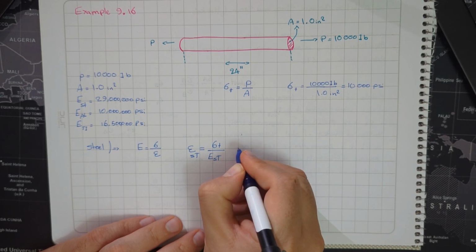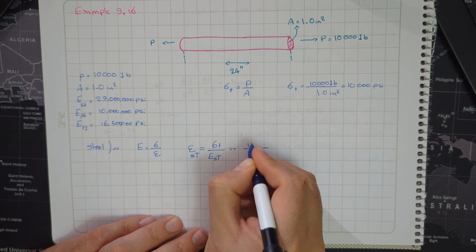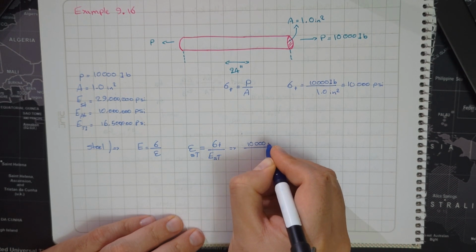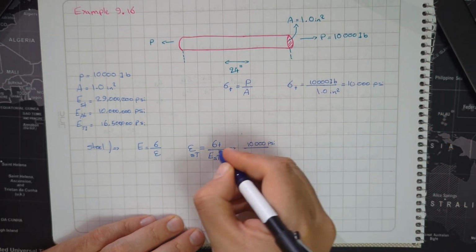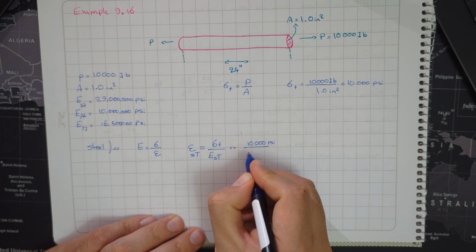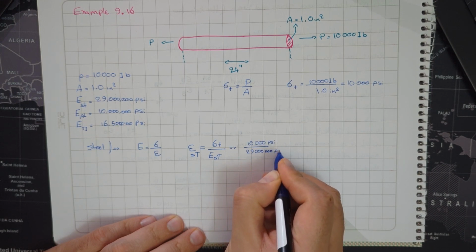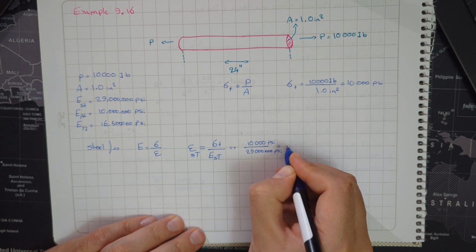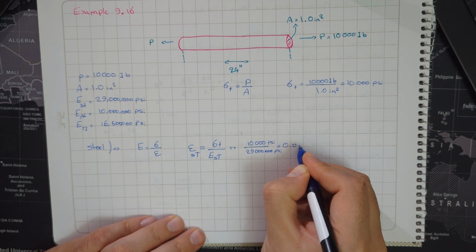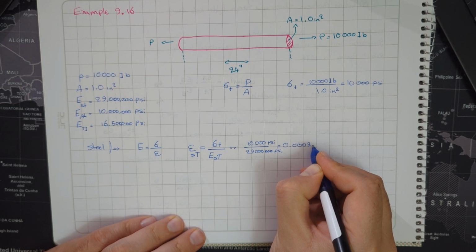So it is 10,000 psi and 29 million psi. The answer is 0.000345.